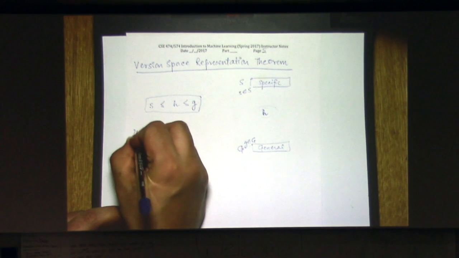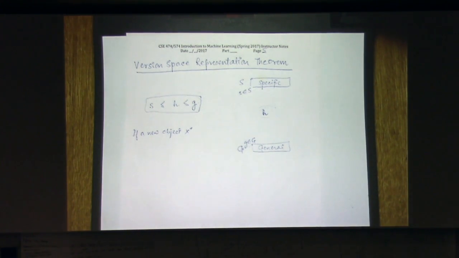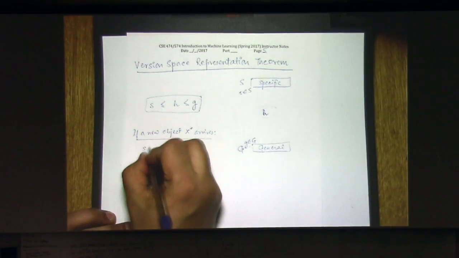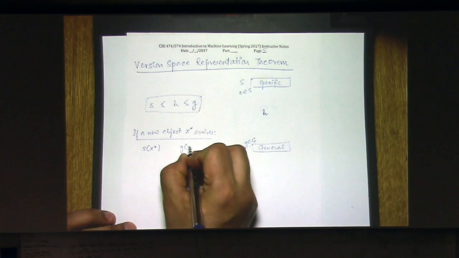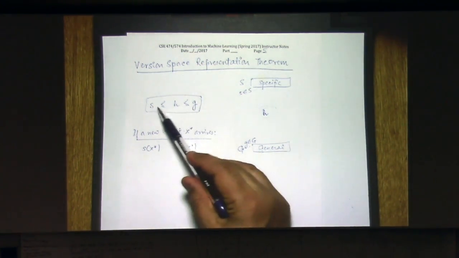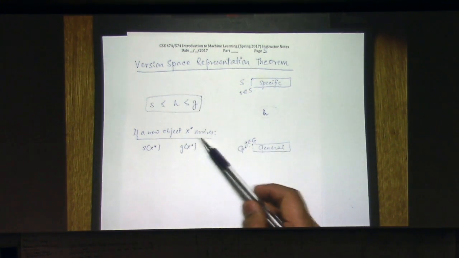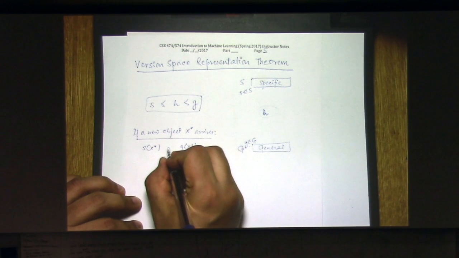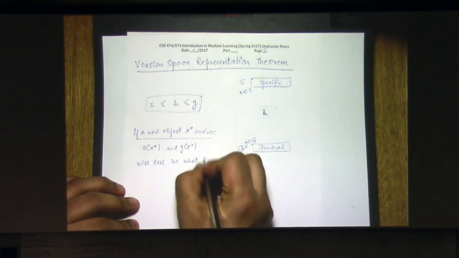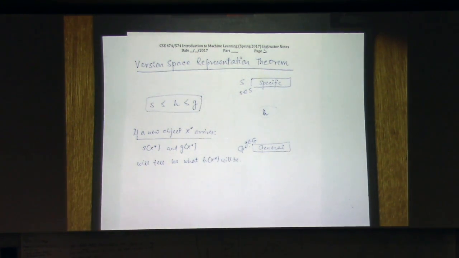Because if a new object x, or x star, something that we have not seen in our training data set, arrives, then we can look at S of x star and G of x star, and that will tell us what h of x star was going to be, because h is more general than S and h is more specific than G. So as long as we know these two things, okay, next class I'll go a little more into that.